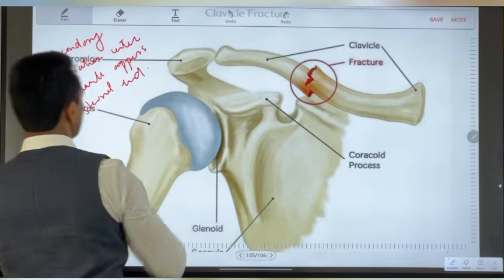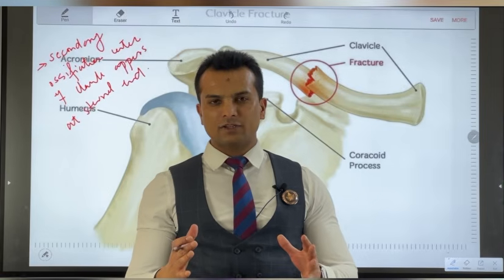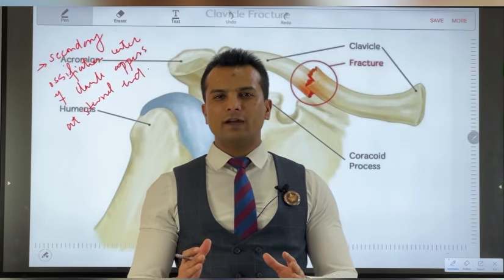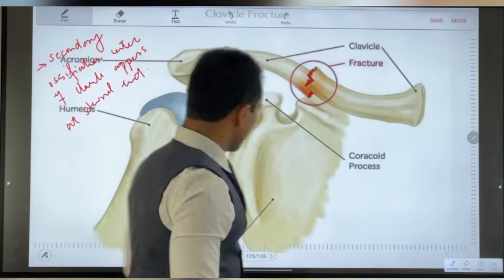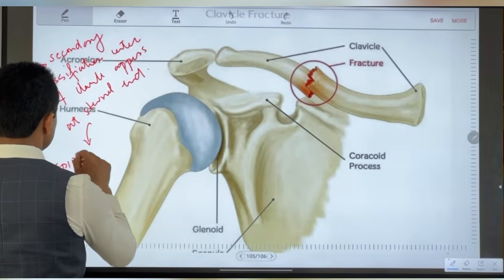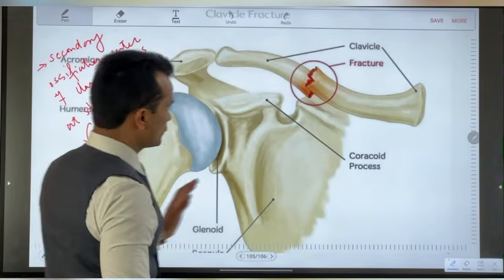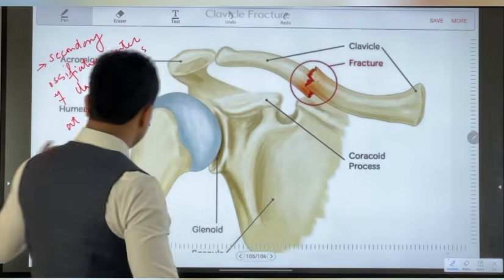And what is the purpose of this secondary ossification center? It helps in the formation of the epiphysis, and this epiphysis will fuse with the diaphysis of the clavicle, meeting the shaft.